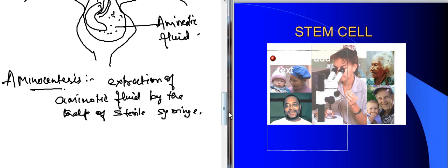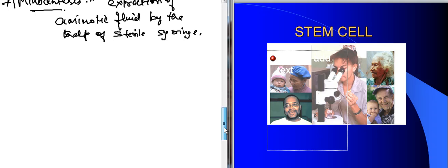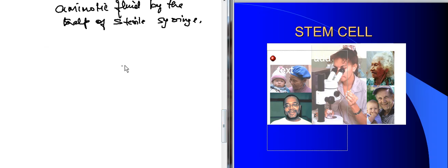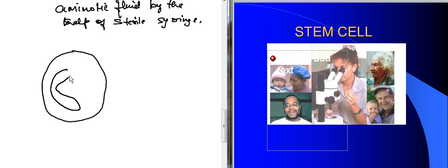Let me draw one diagram and I will help you understand how this activity is carried out. Suppose a baby is getting nourishment. This is your placenta. Fluid is there inside.